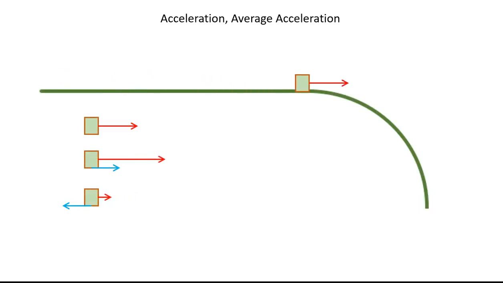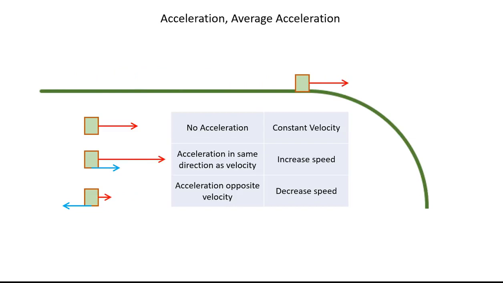Either I'm moving along the straight line at a constant speed and constant direction, constant velocity, so I have no acceleration. Or I increased my speed, in which case my acceleration has to be in the same direction as my velocity. Or I could have decreased my speed, so my acceleration was opposite in direction to my velocity, and I slowed down.